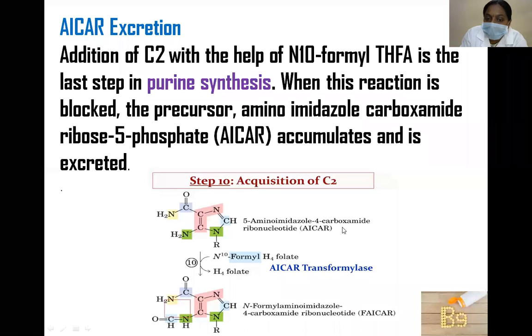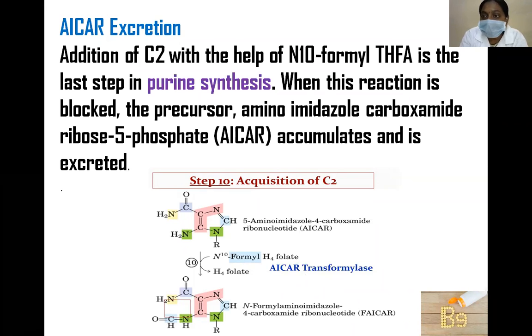5-aminoimidazole 4-carboxamide ribonucleotide in the presence of aminoimidazole carboxamide ribonucleotide transformylase. So here N-formyl aminoimidazole 4-carboxamide ribonucleotide mainly accumulates and is excreted.